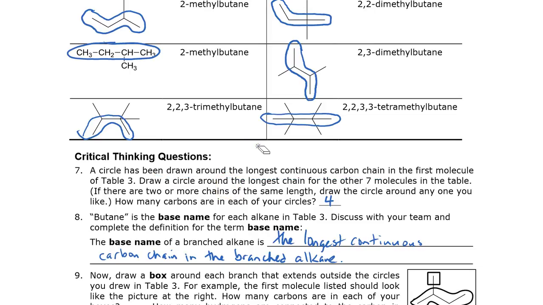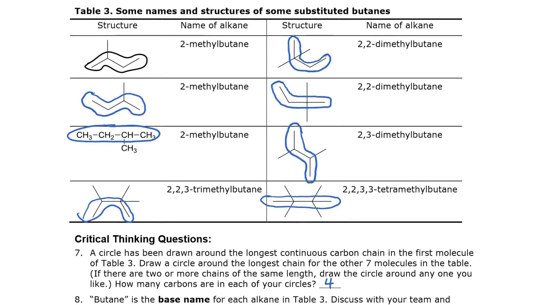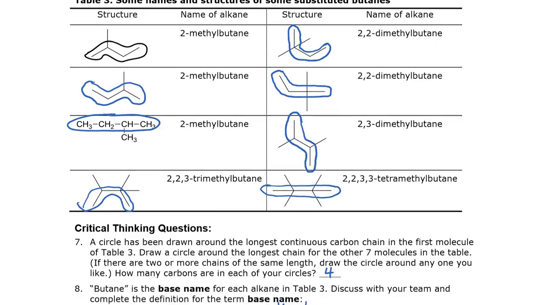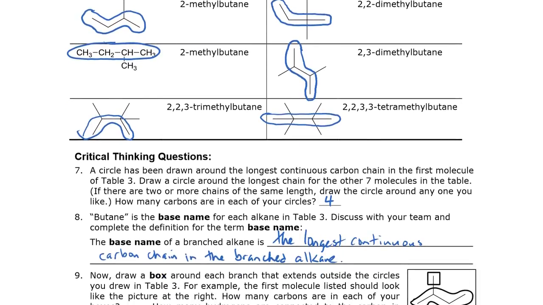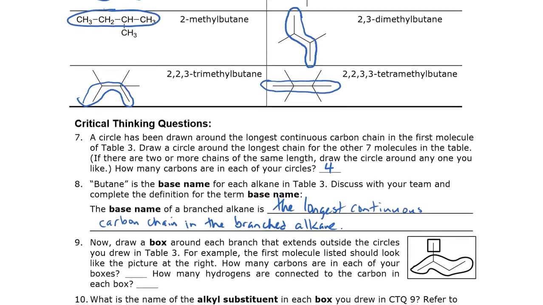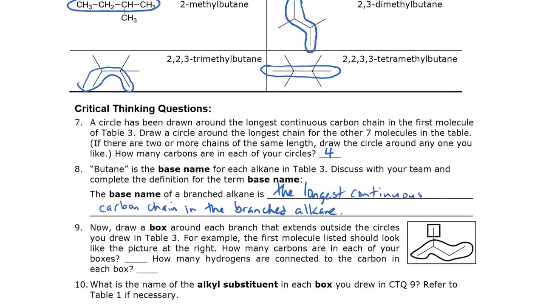Now I could have just defined that for you at the beginning, but the way that this activity works, like most of the activities, is you get a chance to do it yourself before we put the words on it. Now when I say the longest continuous carbon chain, hopefully it means something to you more than just a bunch of words. It's something that you can actually apply to some molecules.